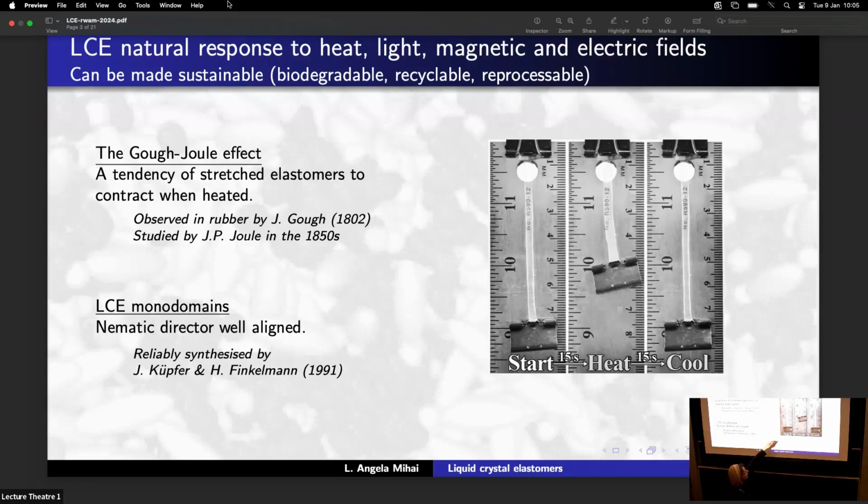So if you start with the liquid crystal elastomer, where the nematic director is in the vertical direction, so the mesogens are aligned vertically, then you have this length of the sample, and then when heated, you can see that it shortens visibly. That's because the mesogens become disordered, so that nice order is lost.